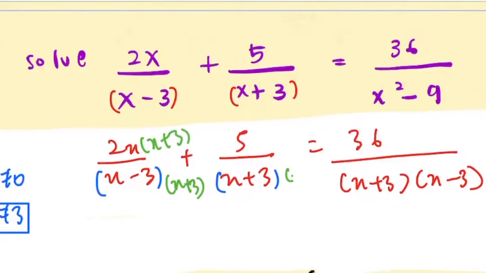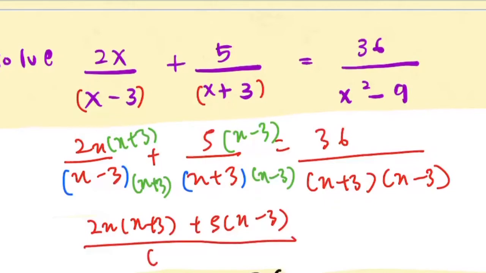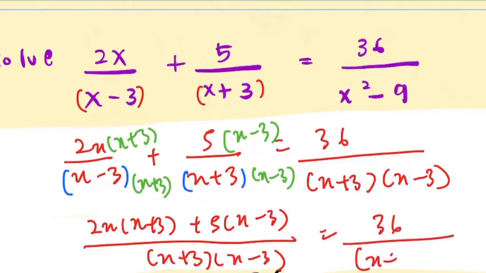And the second term with x minus 3, and the numerator with x minus 3. So now you'll have 2x(x plus 3) plus 5(x minus 3) over (x plus 3)(x minus 3) equal to 36 over (x plus 3)(x minus 3).